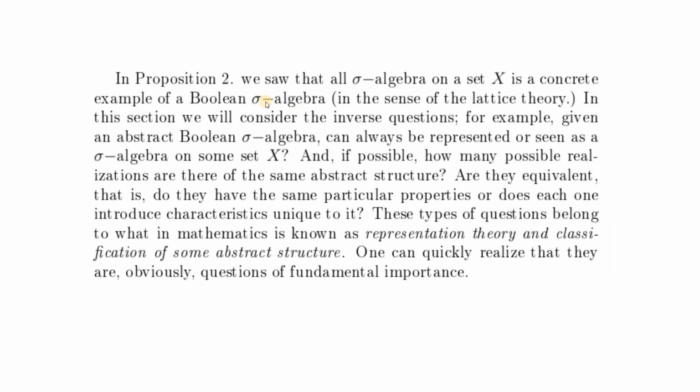Can we find a set such that this abstract Boolean sigma algebra can be seen as the corresponding Boolean sigma algebra of measurable subsets of a set? Well, we can indeed have the following results.